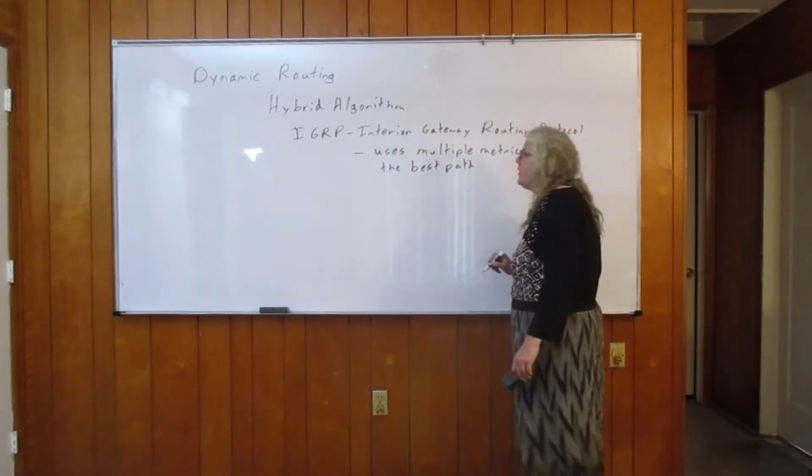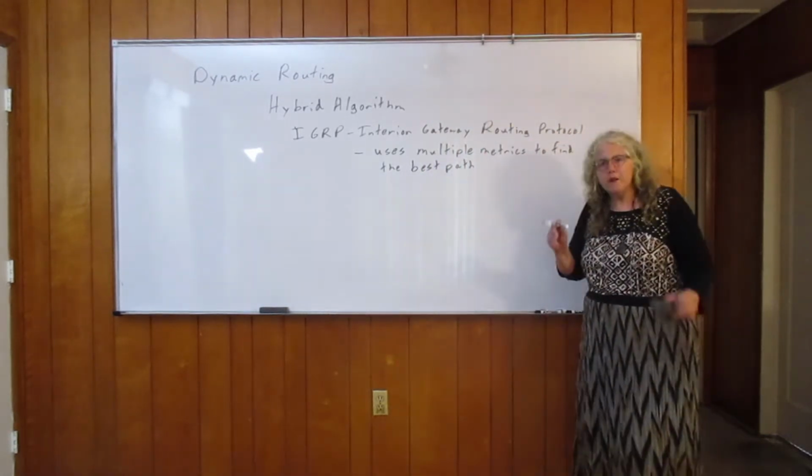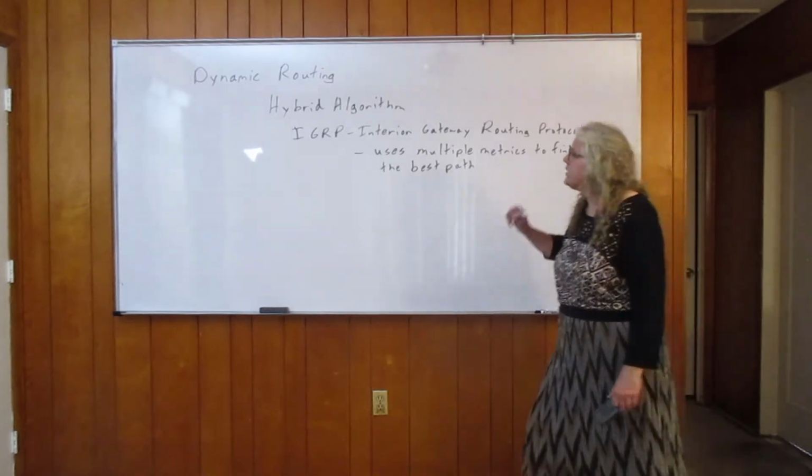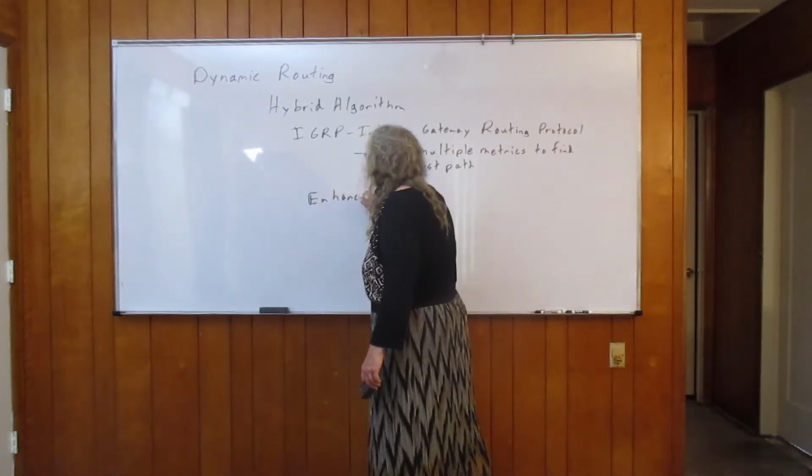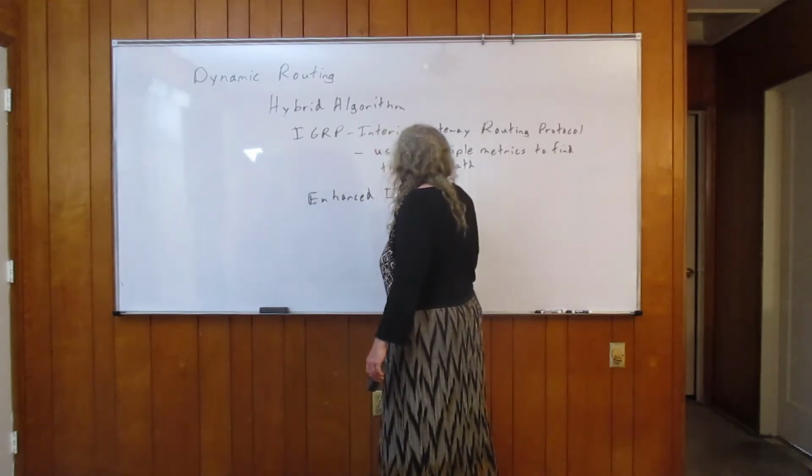Now, because IGRP was rather restricted, and it also had routing loops, there's actually an improved version, which is the Enhanced IGRP.